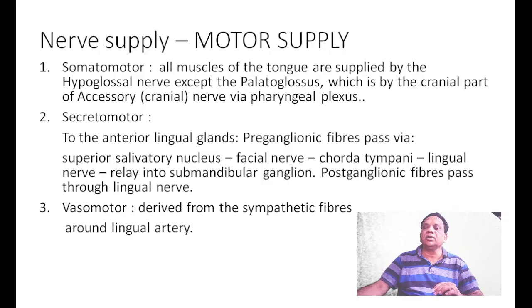Then comes secretomotor. Secretomotor means which induces the secretion of the glands which are present within the tongue. The secretomotor fibers are from the autonomic nervous system, which has two components, parasympathetic and sympathetic. Parasympathetic induces the secretomotor fibers, with preganglionic and postganglionic fibers.